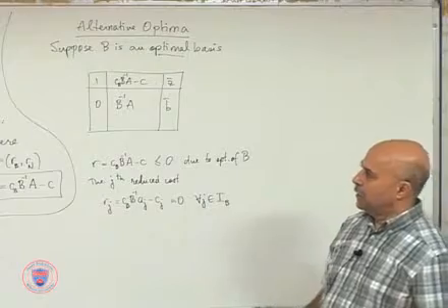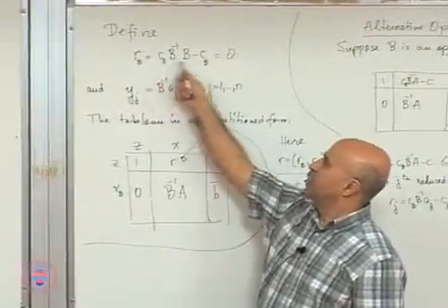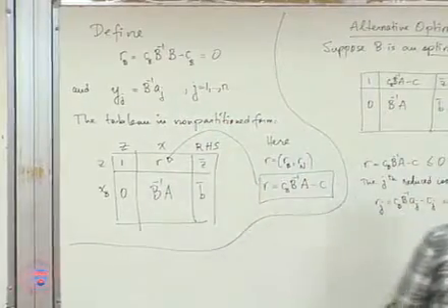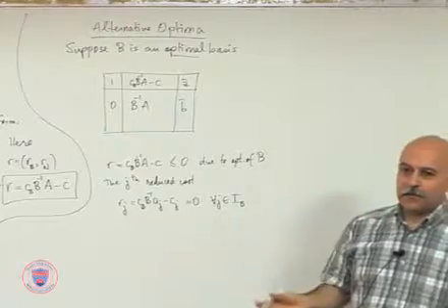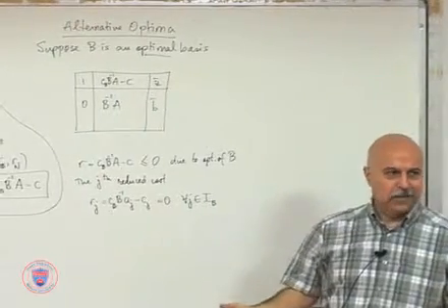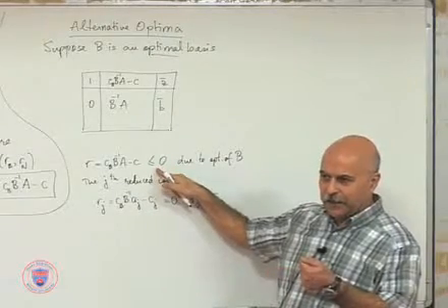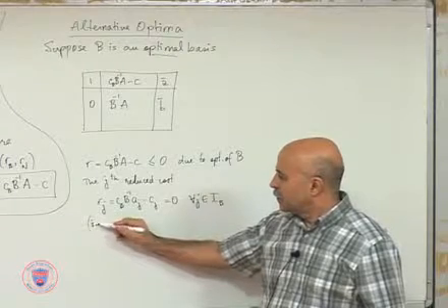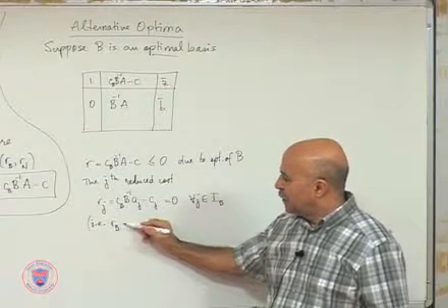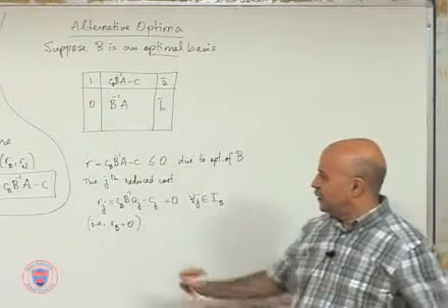Why? Because of the way we defined here. See, RB is always 0. So obviously, the basic reduced costs are always 0 by definition. Okay? So this inequality is always satisfied by them. RB equals 0, always satisfy the inequalities.